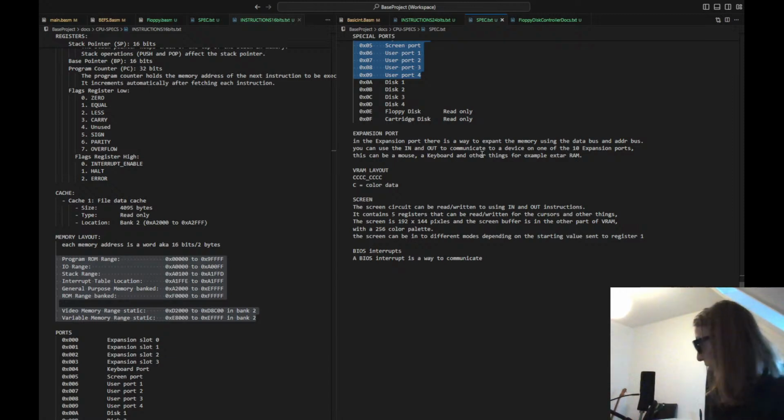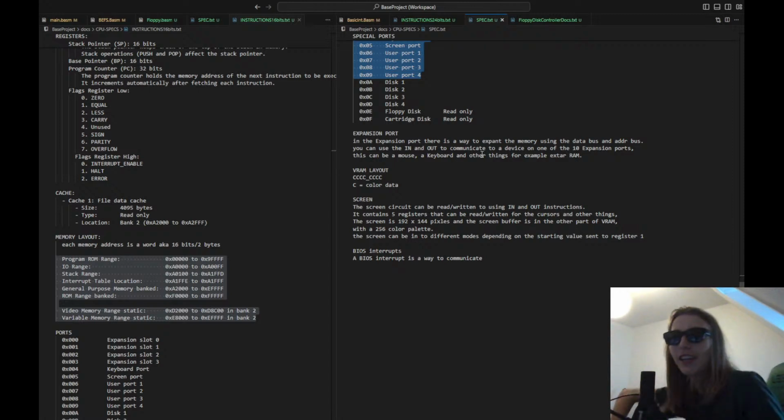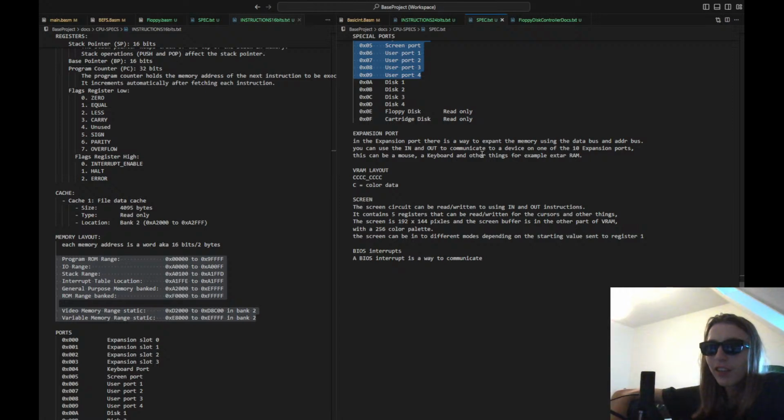I don't know how people can do this, but there's apparently people that are like 2 meters and 10 centimeters or something like that.